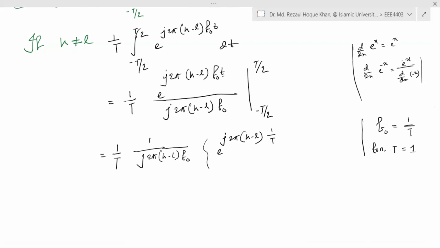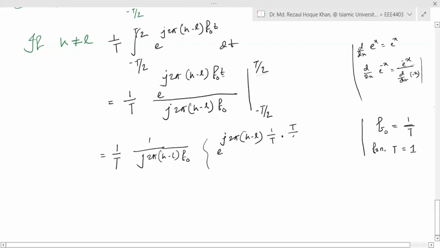So f0 is 1 by t. Now if we do this, t by 2 minus t by 2 will be actually nothing but t by 2, where we can cross the 2s and t.